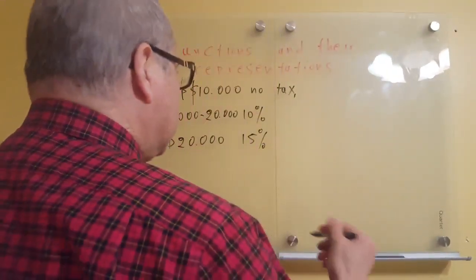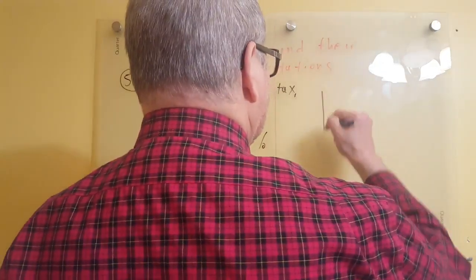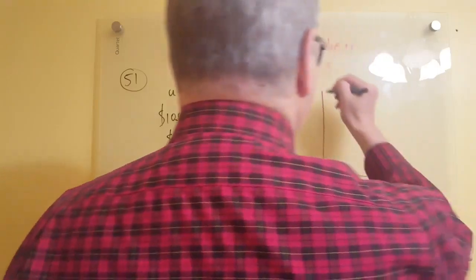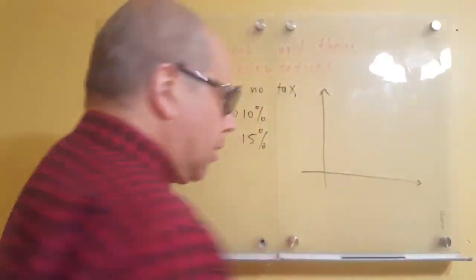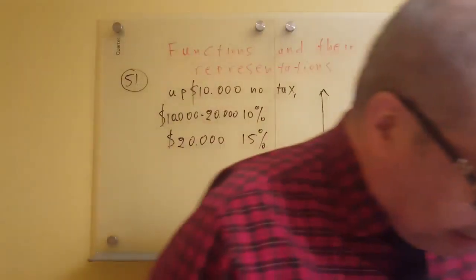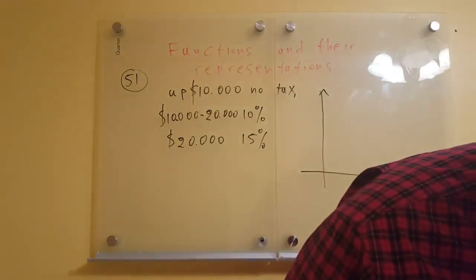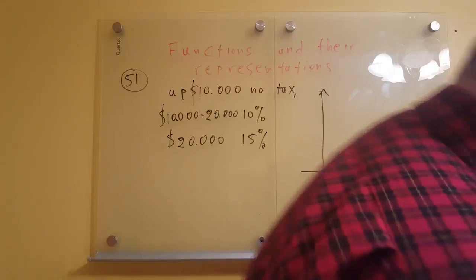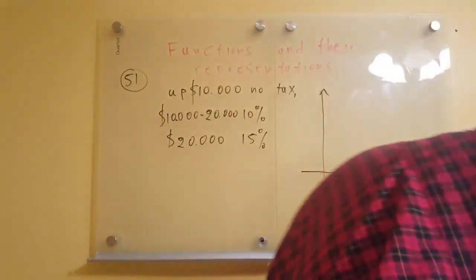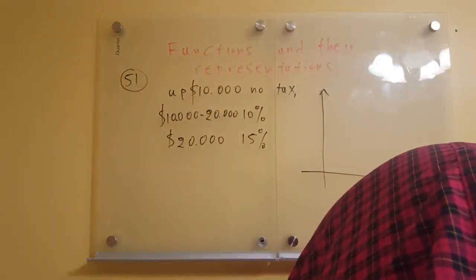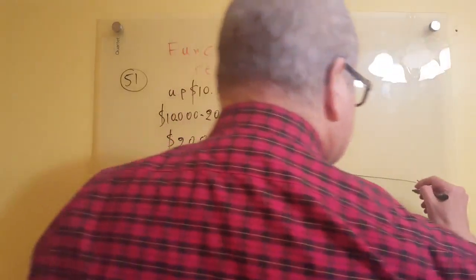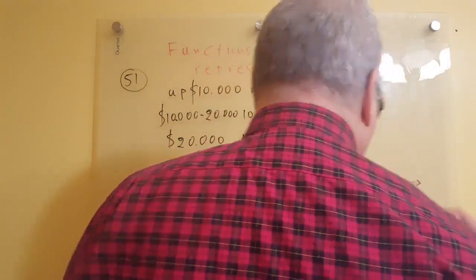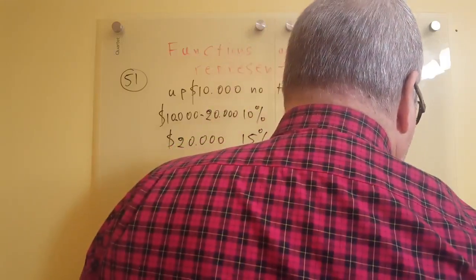Okay, so let's do again here the x and y axis, which in this case, on the x-axis again it will be I, which is the income.